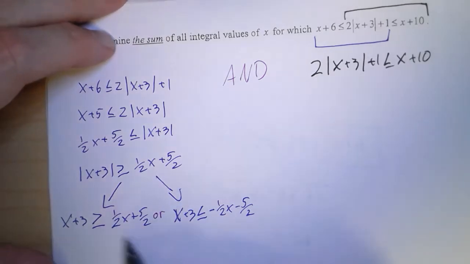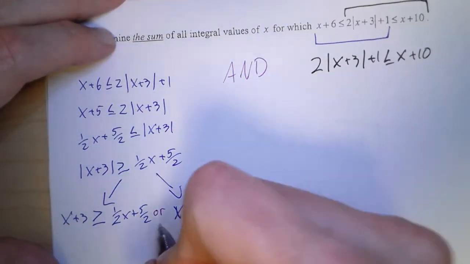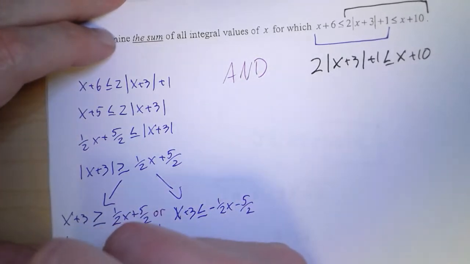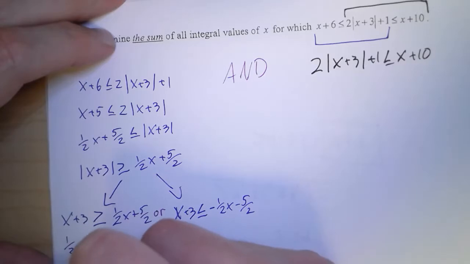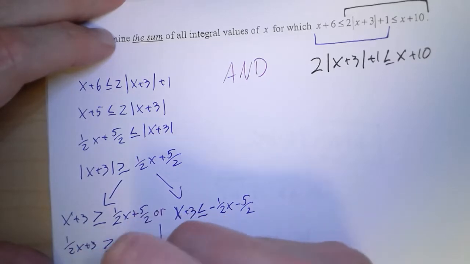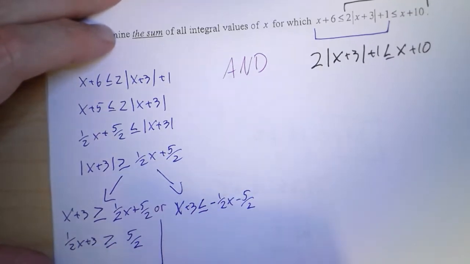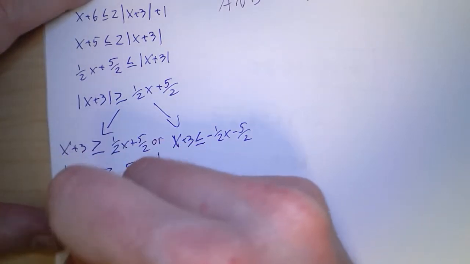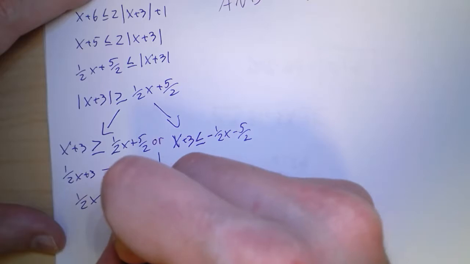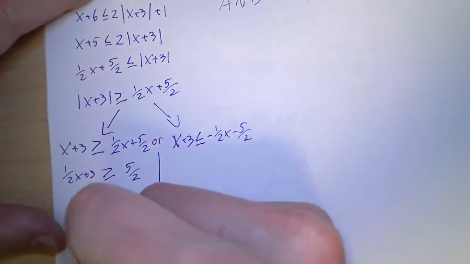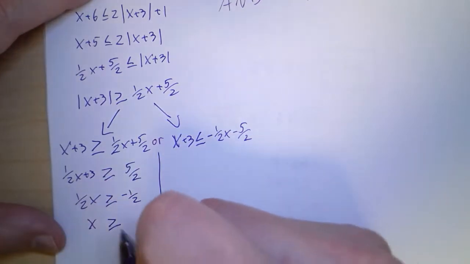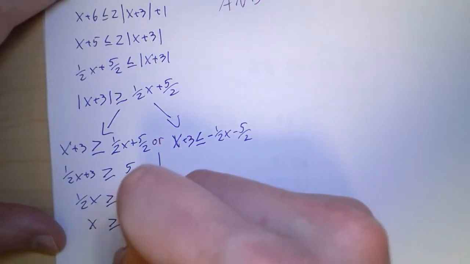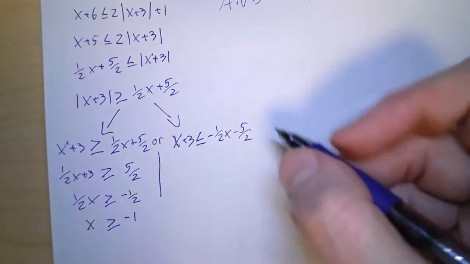So now all we have to do is get x by itself for these. We subtract the 1/2 x, so 1/2 x plus 3 is greater than or equal to 5/2. Subtract the 3 over, and we get 1/2 x greater than or equal to negative 1/2. Then we multiply both sides by 2, so x is greater than or equal to negative 1.